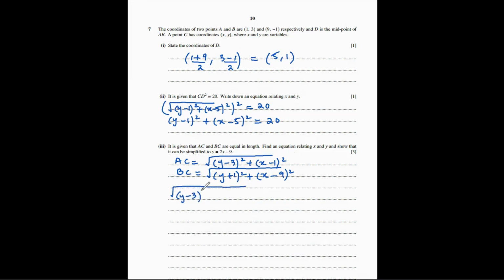y minus 3 squared plus x minus 1 squared equals y plus 1 squared plus x minus 9 squared. When we square both sides, that's going to give us (y minus 3) squared plus (x minus 1) squared equals (y plus 1) squared plus (x minus 9) squared.